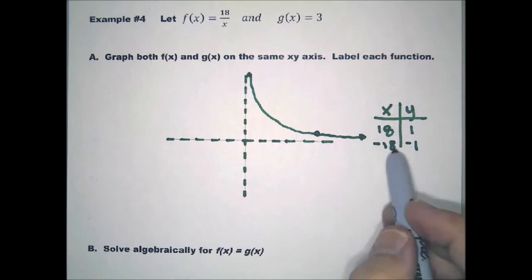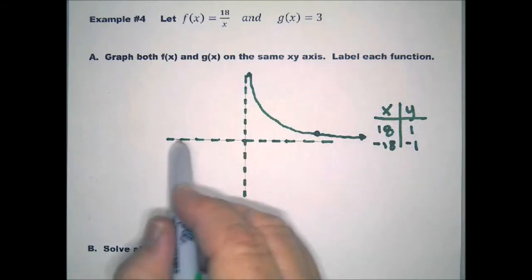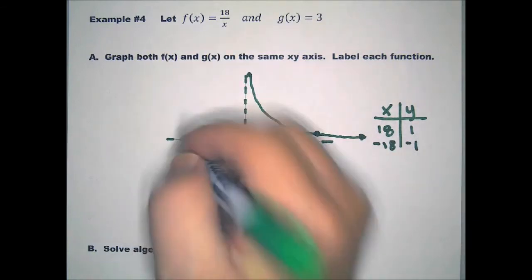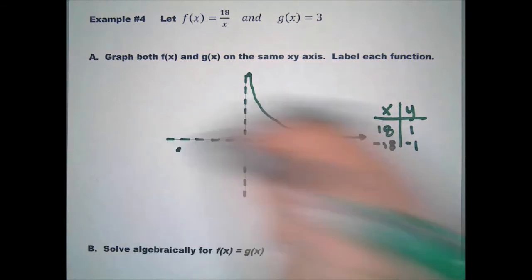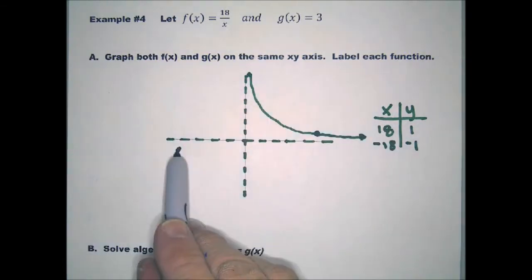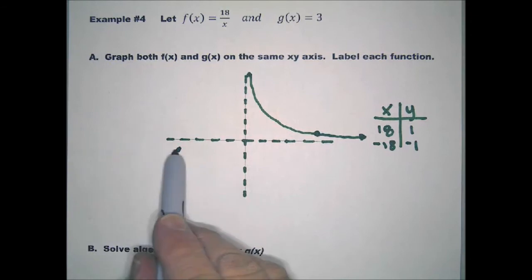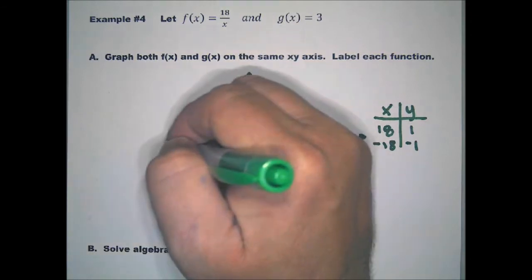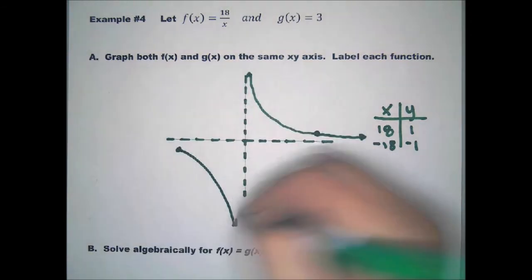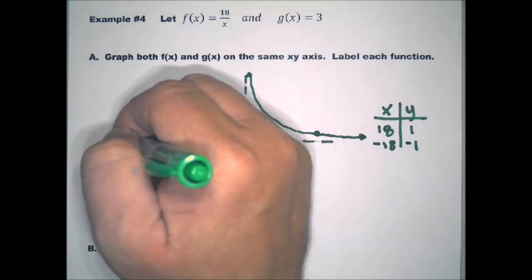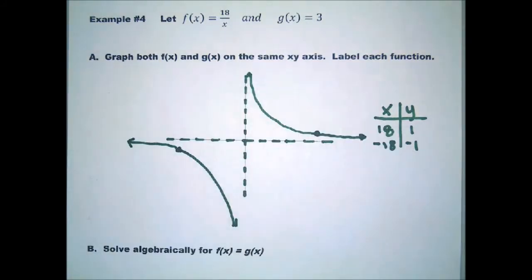So my point would be negative 18, negative 1. And the graph would do the same thing. It would stretch down to this asymptote, and it would stretch up to that asymptote. So those are my two graphs of f of x.